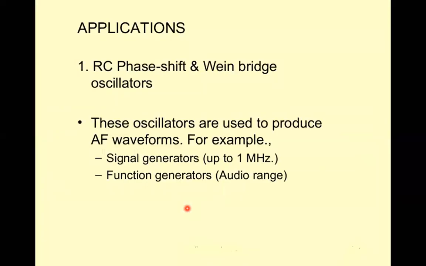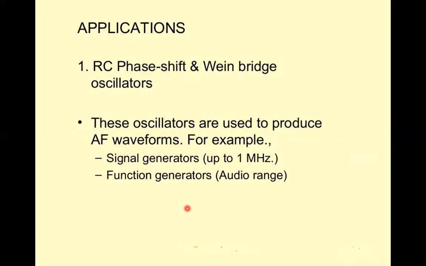What are the applications? As we have seen, they are classified according to the frequency ranges, but here we will be seeing the applications. RC phase shift and Wien bridge oscillators. These oscillators are used to produce audio frequency waveforms. For example, signal generators up to 1 megahertz and function generators in the audio range.